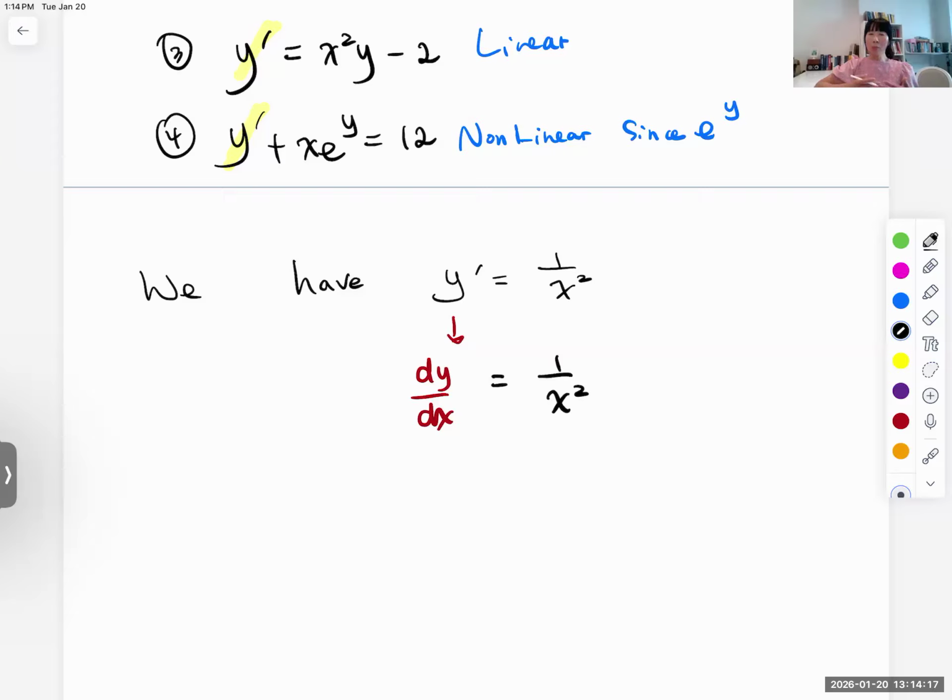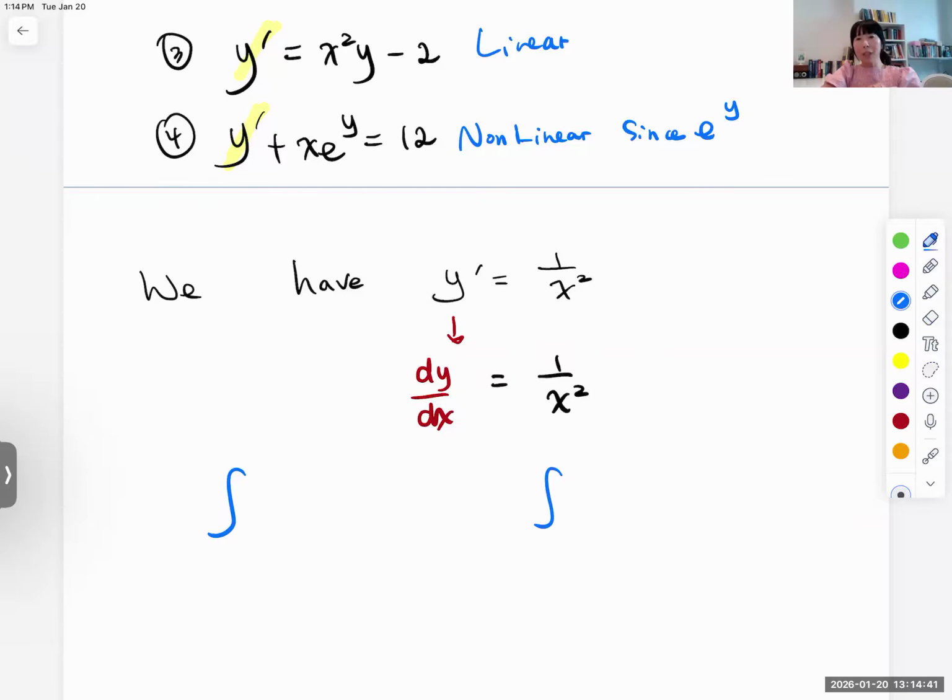How do we make y equal to something, because we have a y prime? We have had the experience: we take the integral of both sides.